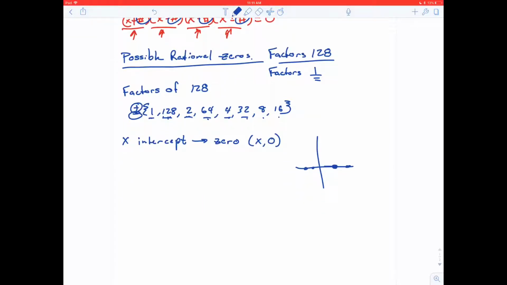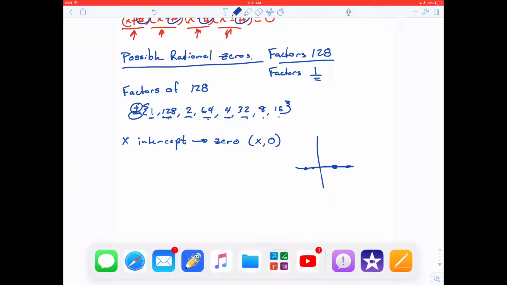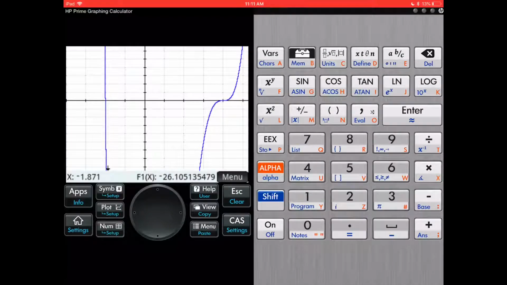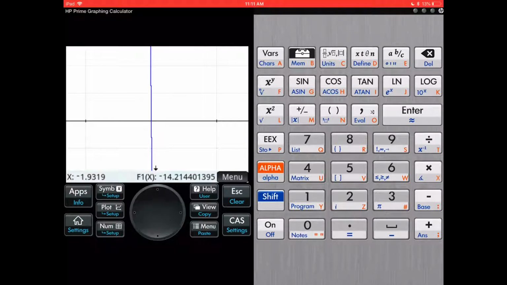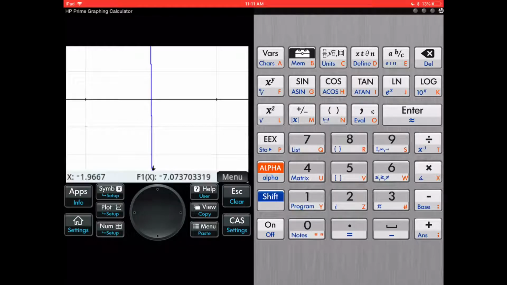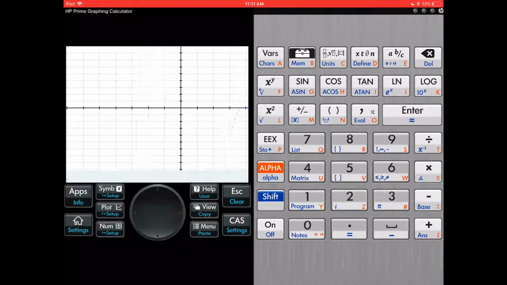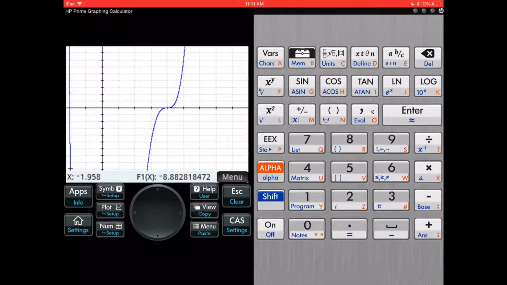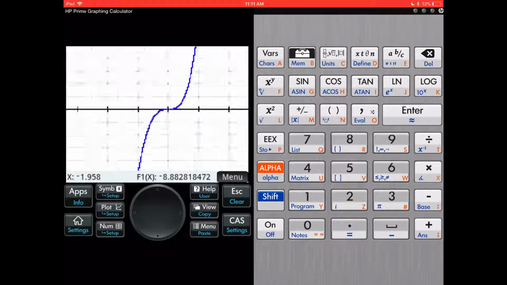All right, so let's look at the graph of that. So here's the graph of this. And you'll notice that negative 2 right here. Okay, so negative 2 is one of our zeros. And then over here, 1, 2, 3, 4. I have 4.